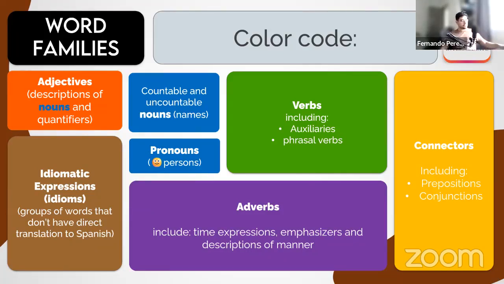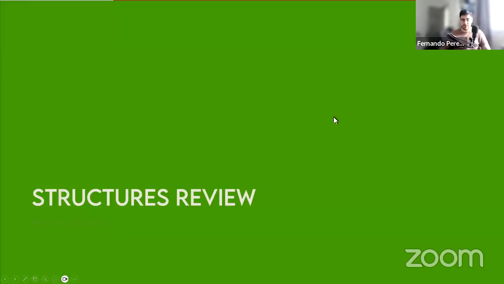Super cool. Because we are going to begin these review sessions to get ready for the next level, we need to super dominate verbs. And we are going to begin with the first section, learning about verbs. Let's remember all the different structures that exist in English, and then let's practice using different verbs.